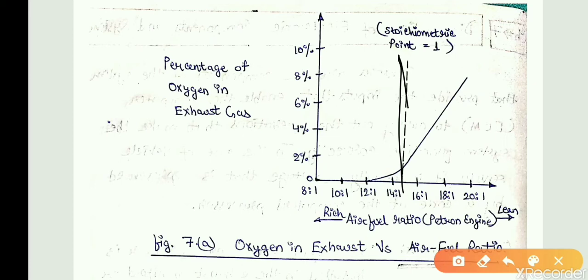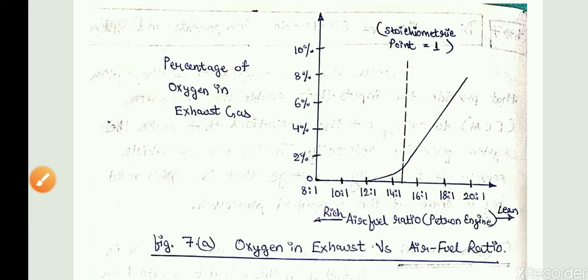Okay, now see what happens here. When the air fuel mixture is a rich mixture, the oxygen content in the exhaust gas will be about this point. Okay, now see when I am increasing the amount of intake air, that means the air fuel ratio is more than 16:1, 18:1. That means more oxygen is present in the intake air.